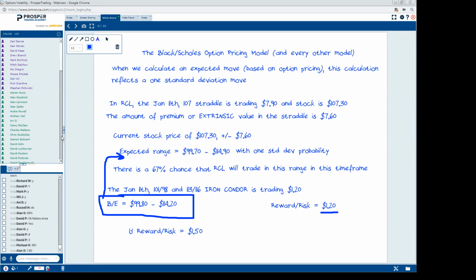It can never be worth more than $3. The risk would be $1.80 if we're collecting 120. So if I look at the reward to risk on that sort of ratio, I am now way down to basically 0.67 to 1. Far below the reward parameter that I would like to see.